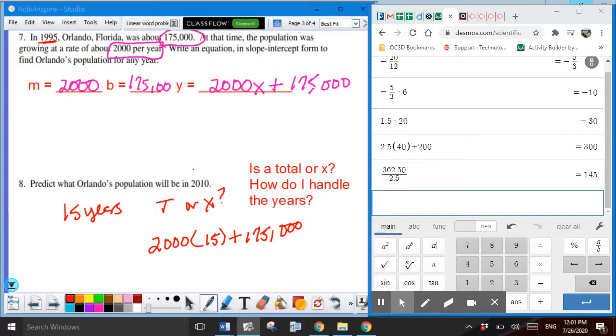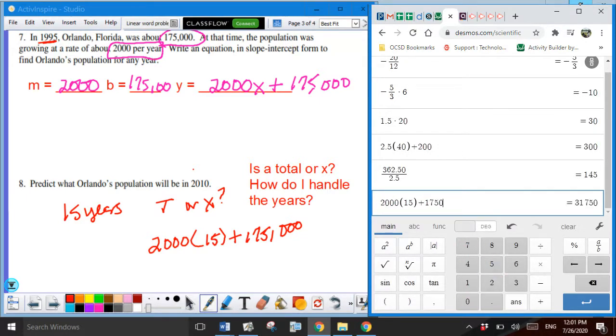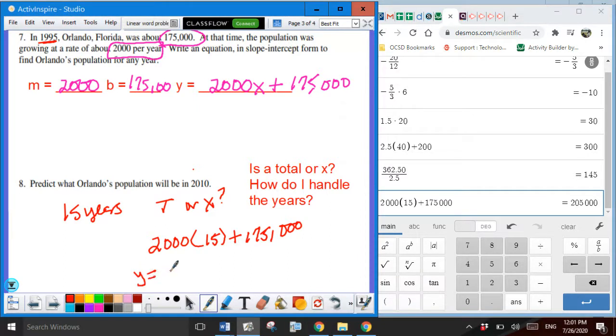So let's go ahead and pull that up and see what we're going to get here. So 2,000 times 15 plus 175,000. Remember, we don't use commas in the calculator. That is a total of 205.